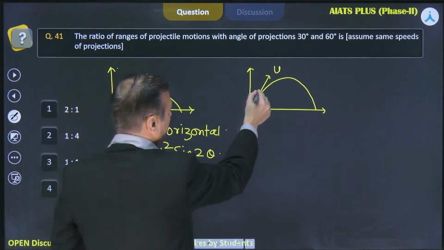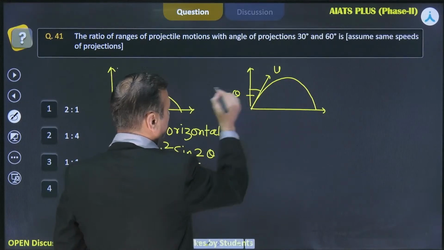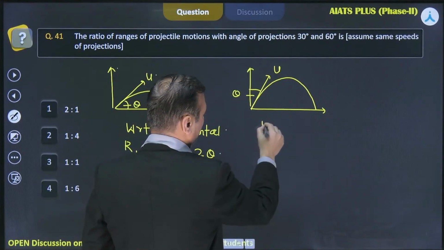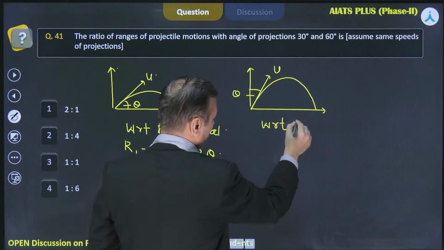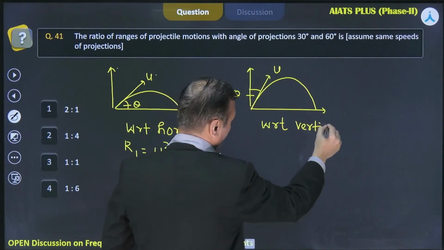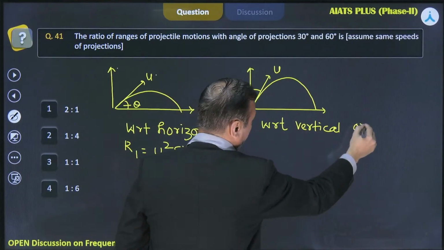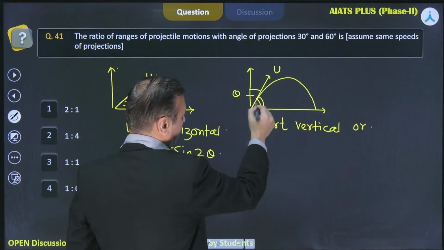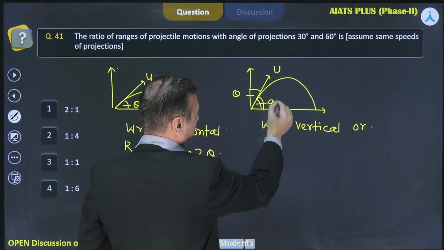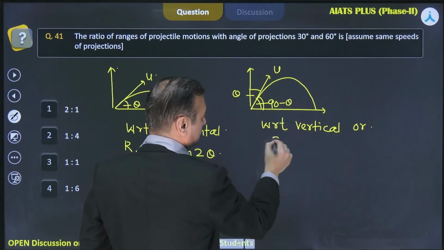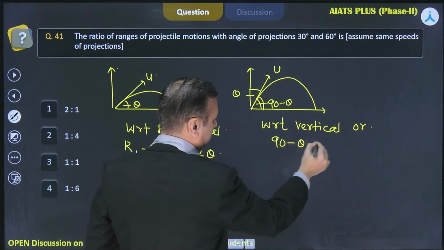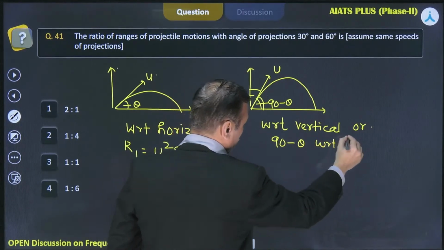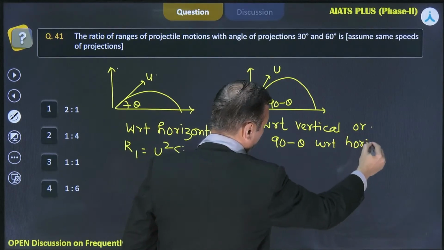But this time we simply keep theta with respect to vertical. If theta is with respect to vertical, what is this angle? So I think this angle is 90 minus theta. So this is 90 minus theta, but again with respect to your horizontal.